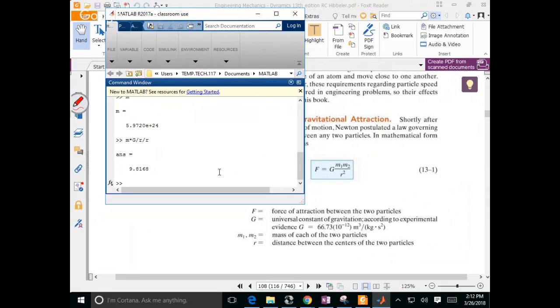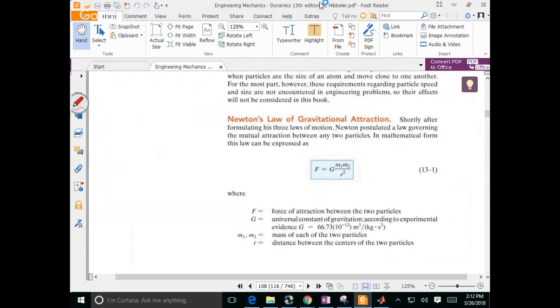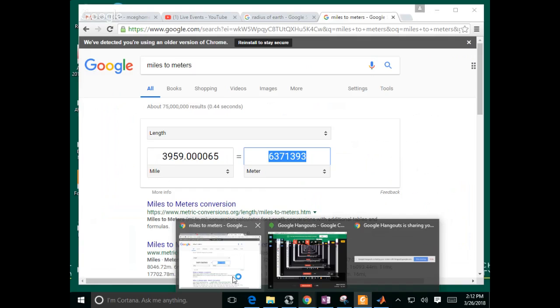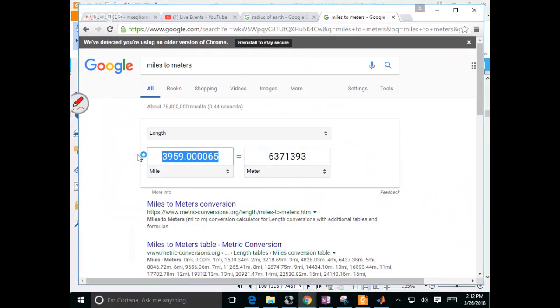So not only is it 9.81, it's 9.8168. We've been wrong all along. And let's see, what would happen if I moved it? Okay, now wait a minute. If I move to the top, and I know this is just ridiculous that I'm doing this, but let's say we moved 3 miles up.